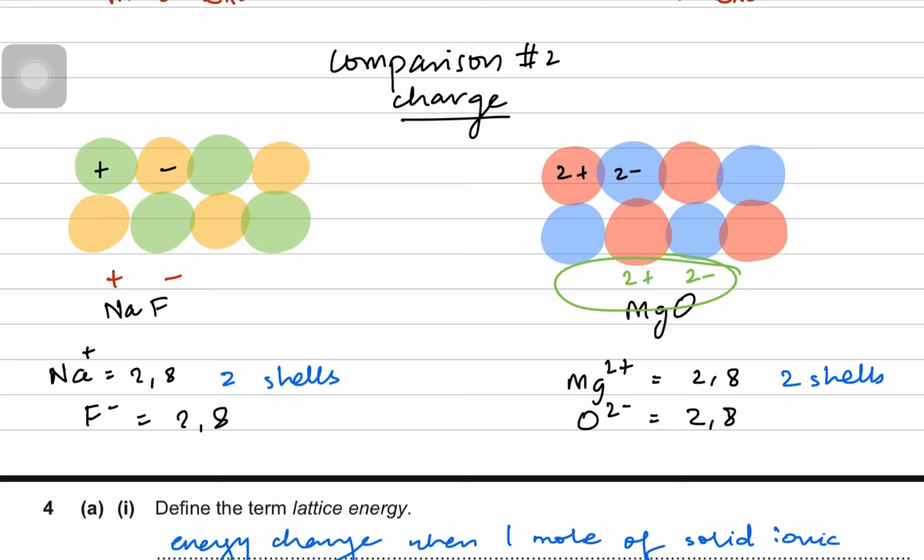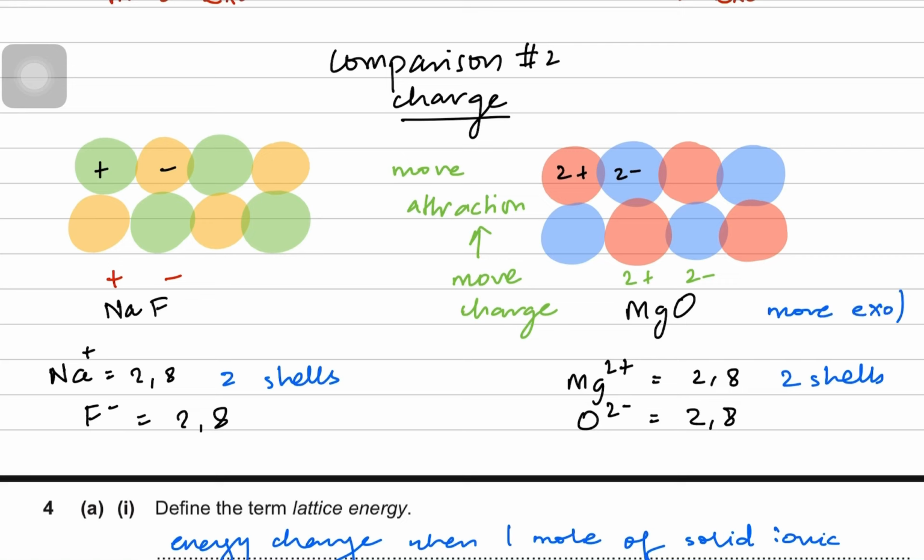So here the charges are more, which creates more attraction, more attractive forces. And as a result, magnesium oxide would be more exothermic, lattice, hydration, etc. But sodium fluoride would be less exothermic.